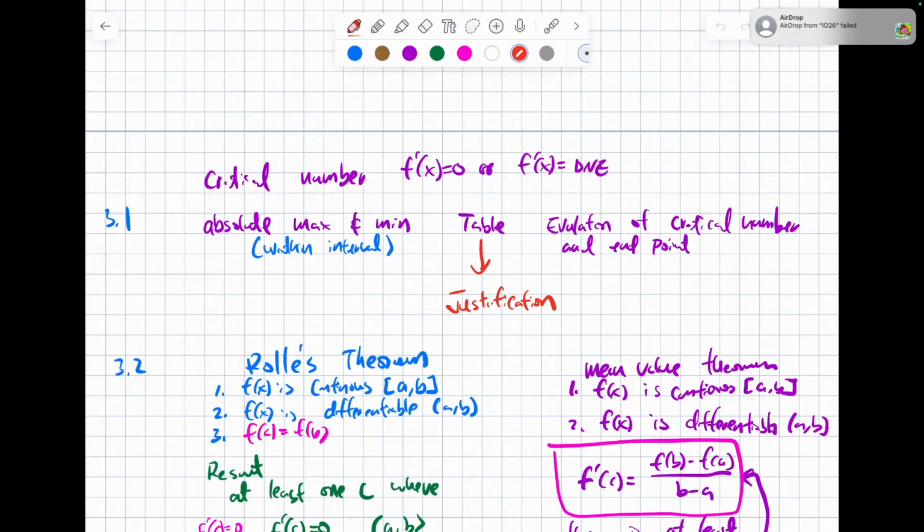Where did you get the pi over 2 from? Pi over 2 is from the x-intercept. Do we have to worry about the concavity on this graph? No, they never asked you.